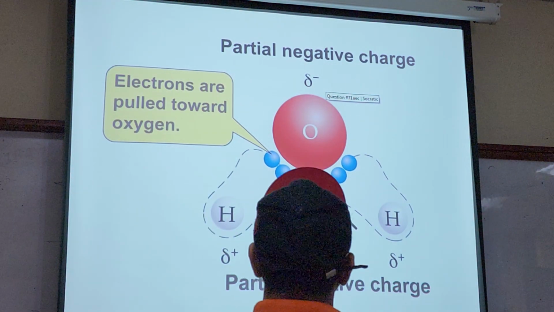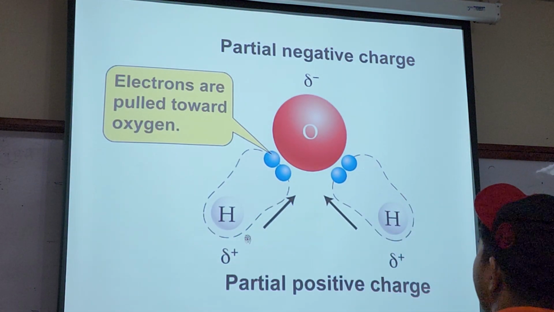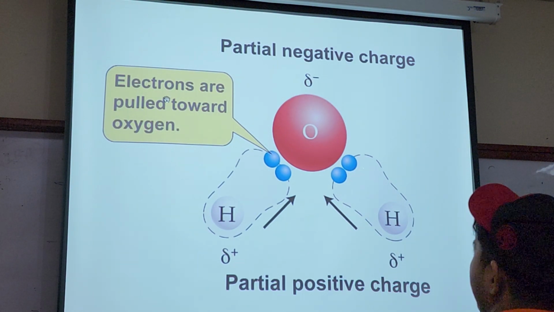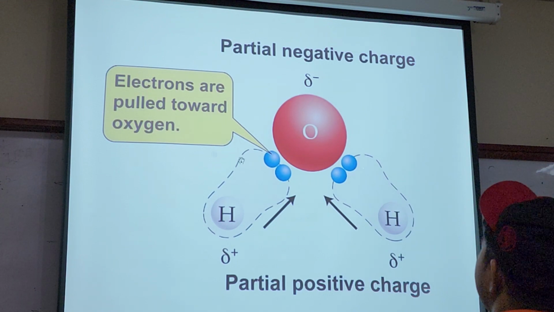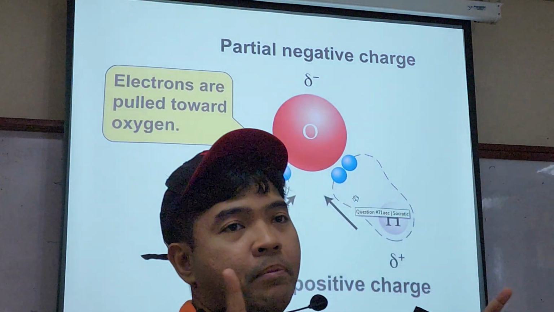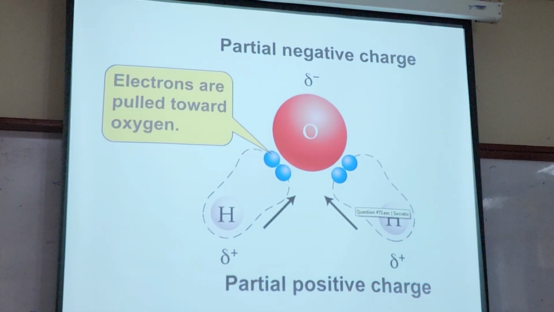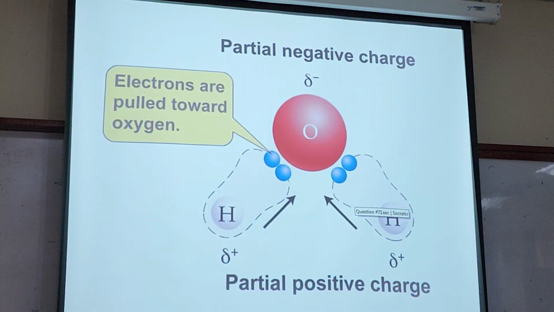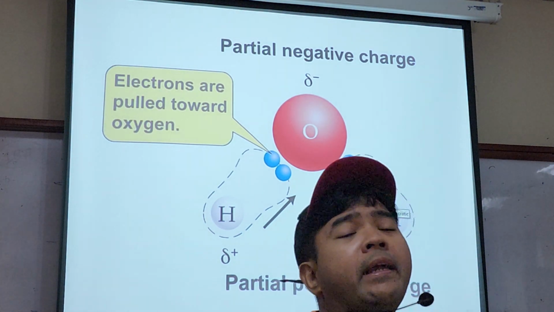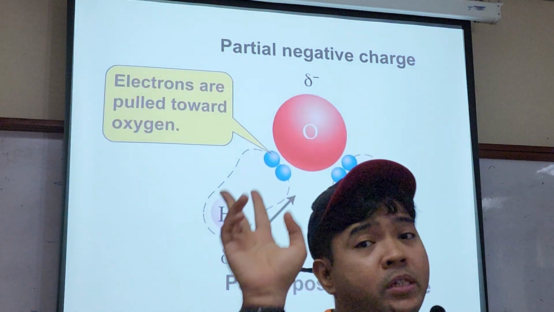Partial positive charge with the hydrogen and then partial negative charge on this side. And then you have an angle to it. So electrons are pulled towards the oxygen. So this is why hydrogen bonding can happen. A water molecule sticks to other water molecules, and a water molecule can stick to other molecules like sodium chloride. Okay, this is the reason. So regardless of whatever you put, water gets it covered because it has both charges.